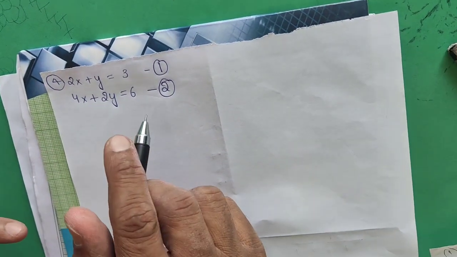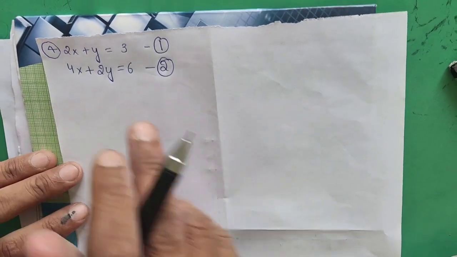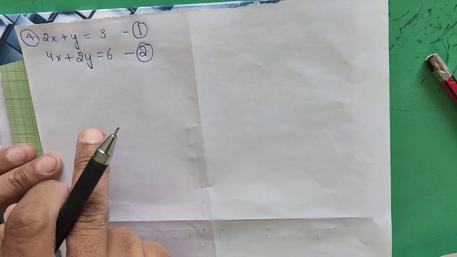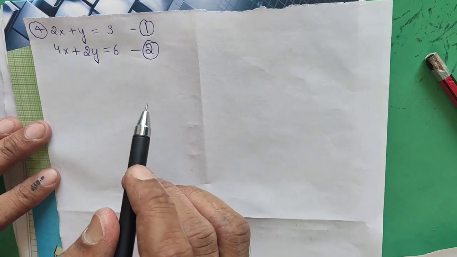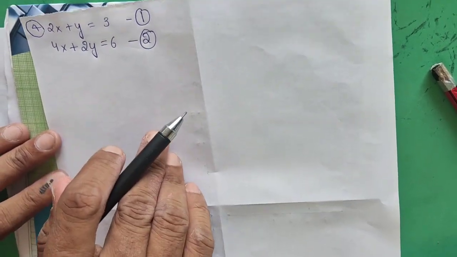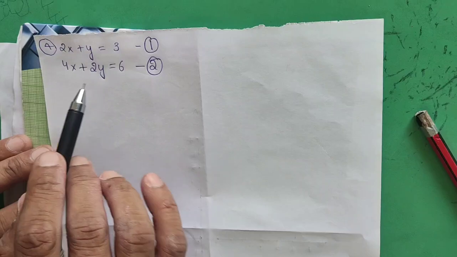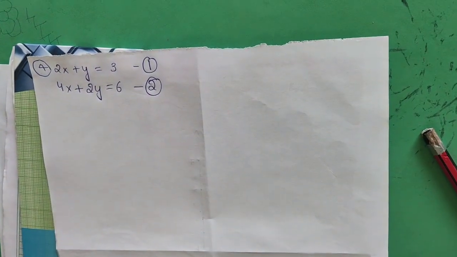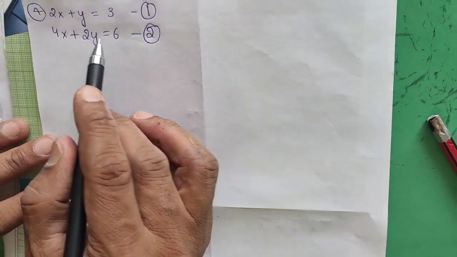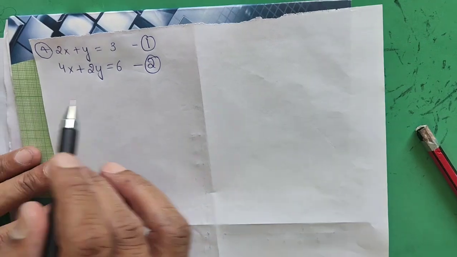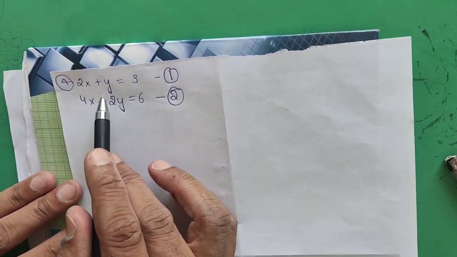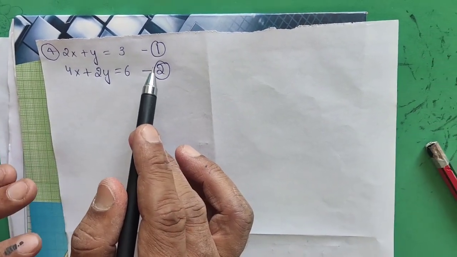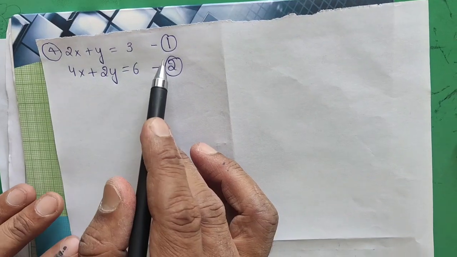We solve another example. This is question number 4. This is solved by the graphical method. So for the graphical method, we find the points on the first line as well as the second line. First of all, we find the points on the first line. To this purpose, we find the value of x or the value of y from equation number 1.